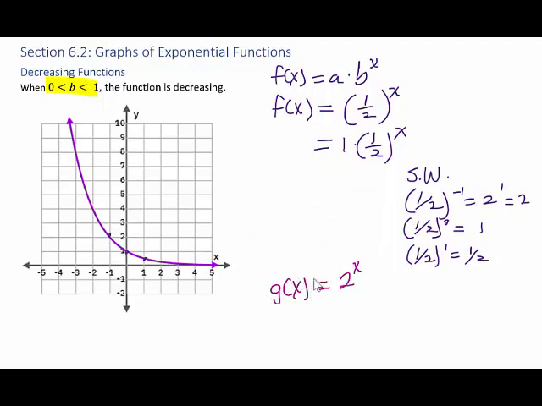We can also see how this graph relates to the graph of, say, g of x, which is 2 to the x. If you recall, this function passes through 0, 1, and 1, 2, and we end up with this curve that looks like this. Both of these graphs, f of x and g of x, are reflections about the y-axis.